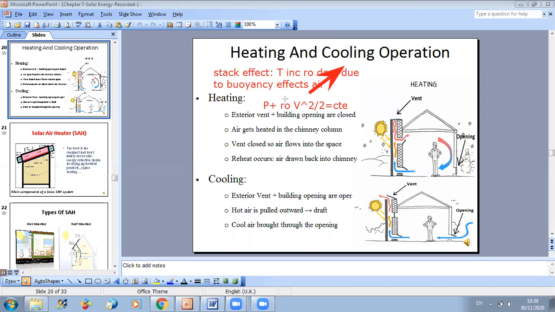It will drop. So this is why when you have wind, you can create pressure drop effects, which will allow for circulation of air, because you have a higher velocity.